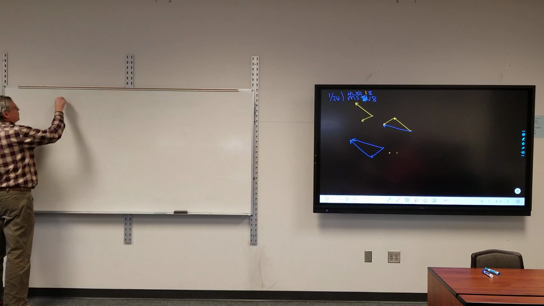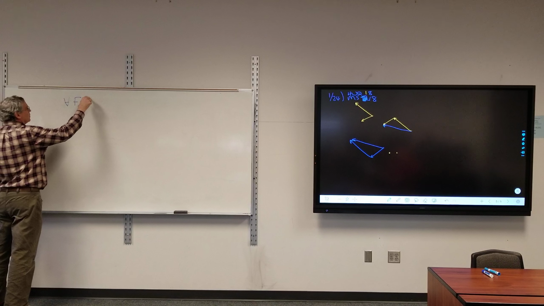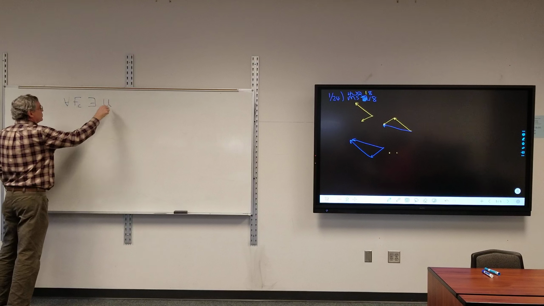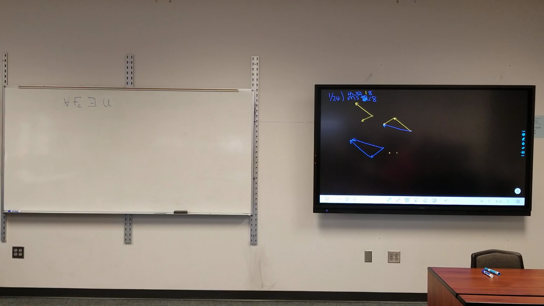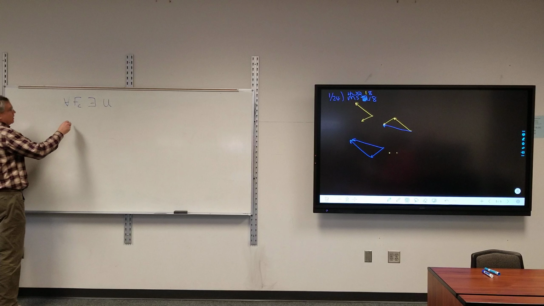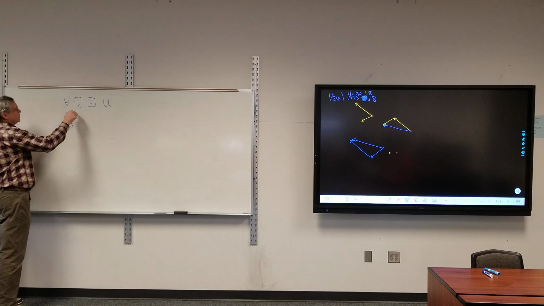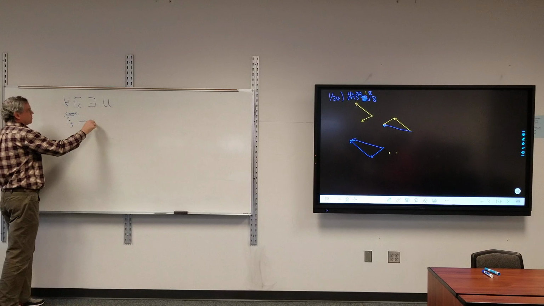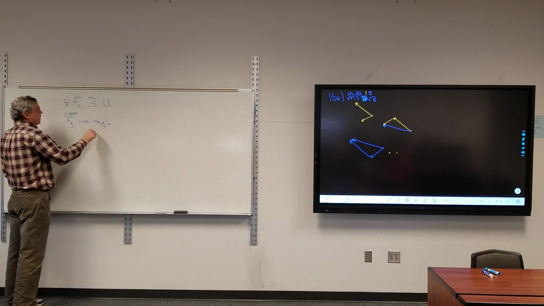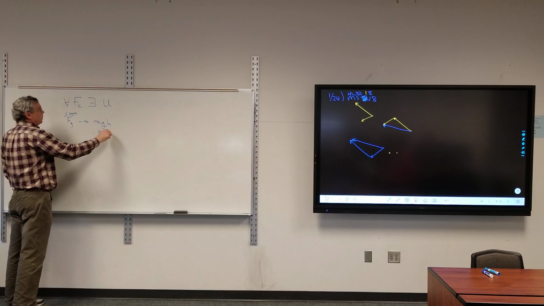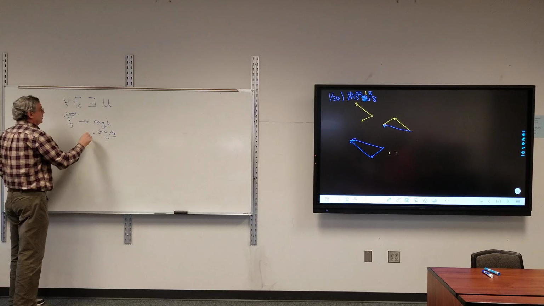For every conservative force, there exists a potential energy formula. That's the shorthand notation for what I just said. So, for example, gravitational force is conservative. And so there are two potential energy formulas, mgh and negative G m1 m2 over r.